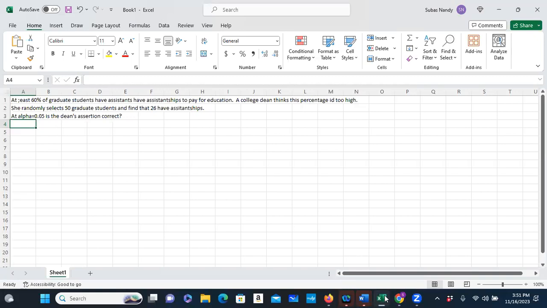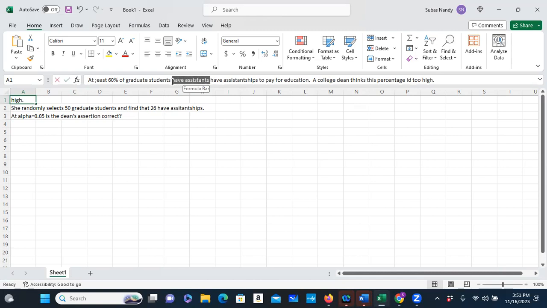At alpha equal to 0.05, is the dean's assertion correct? So it should be at least 60% of graduate students have assistantships to pay for education. The dean thinks that the percentage is too high.